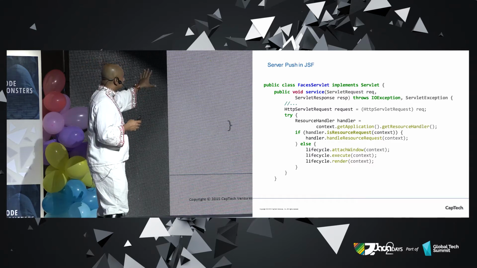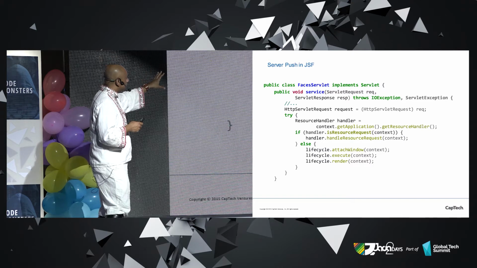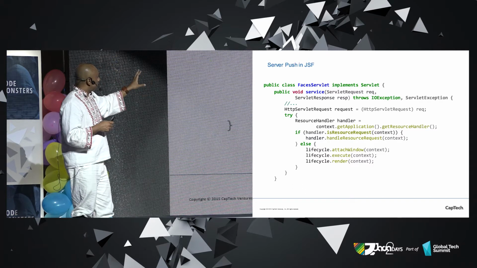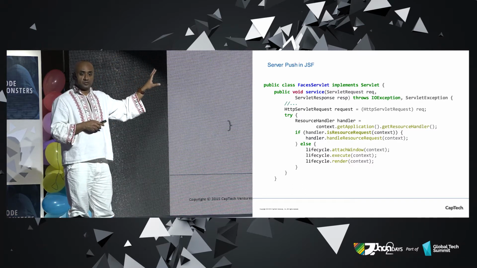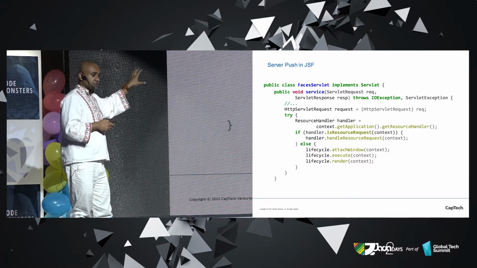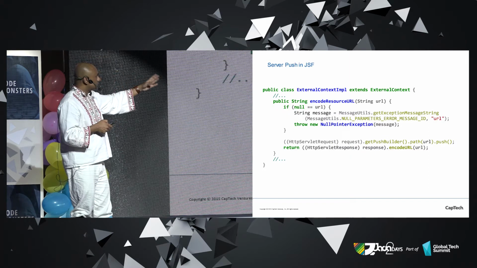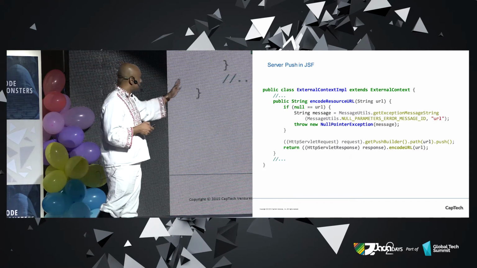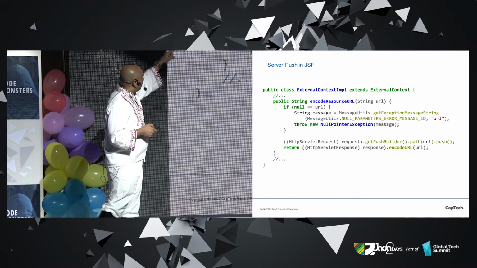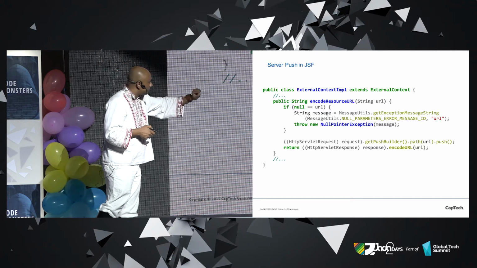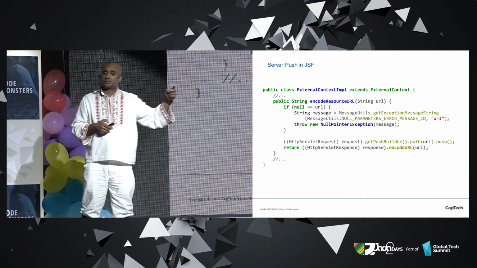This is the actual code in the JSF Faces servlet implementation to implement HTTP 2.0. If you look into Glassfish, this is the exact code that you will see. Under the hood it's just doing exactly what you would expect. It's just iterating through all of the resources for a given URL, constructing those path parameters and doing pushes.